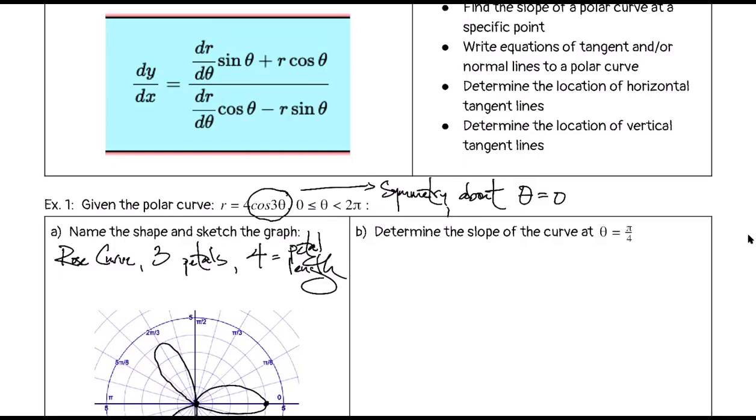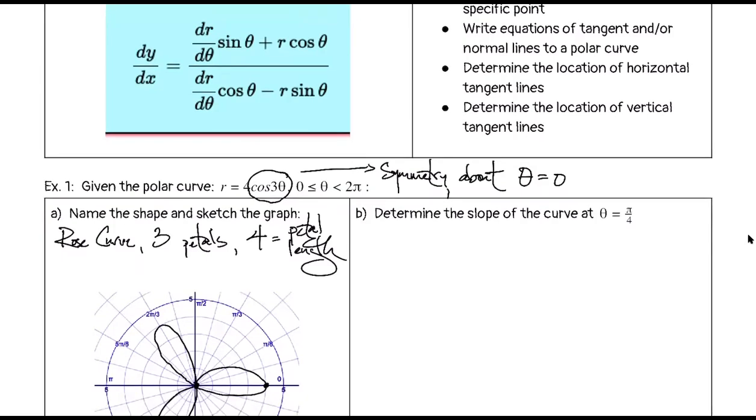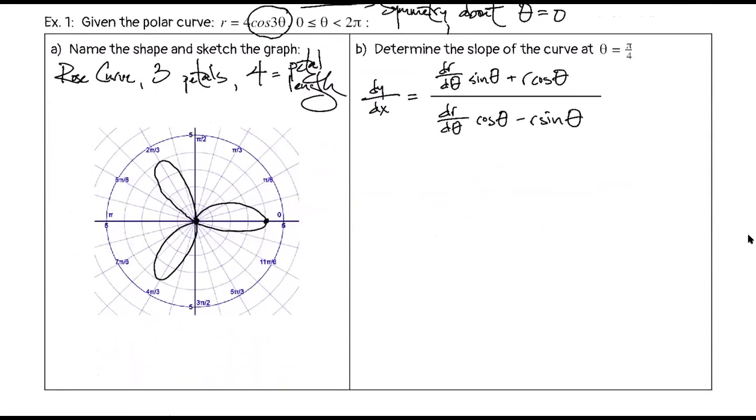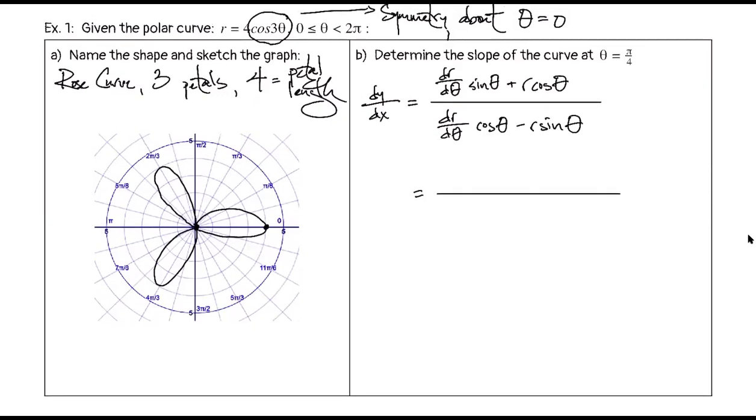So dy/dx equals dr/d theta sine theta plus r cosine theta over dr/d theta cosine theta minus r sine theta. Now let's fill in what we have given our equations. So dr/d theta, what's the derivative of 4 cosine 3 theta?